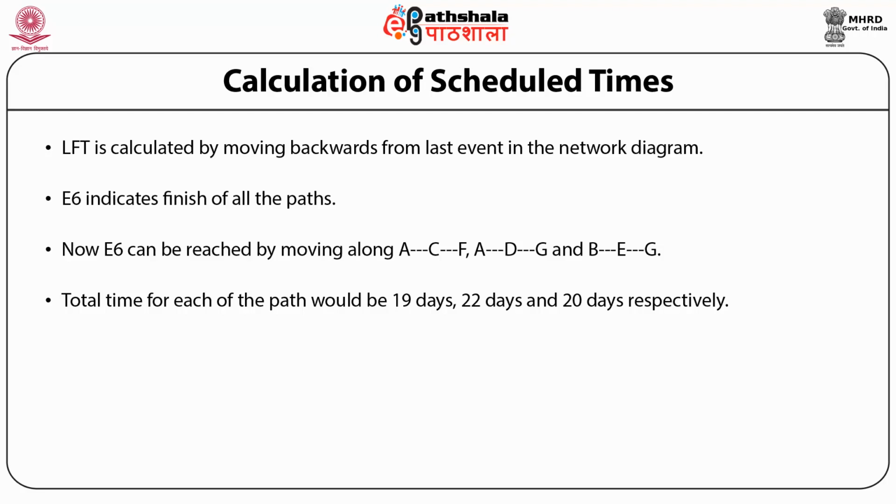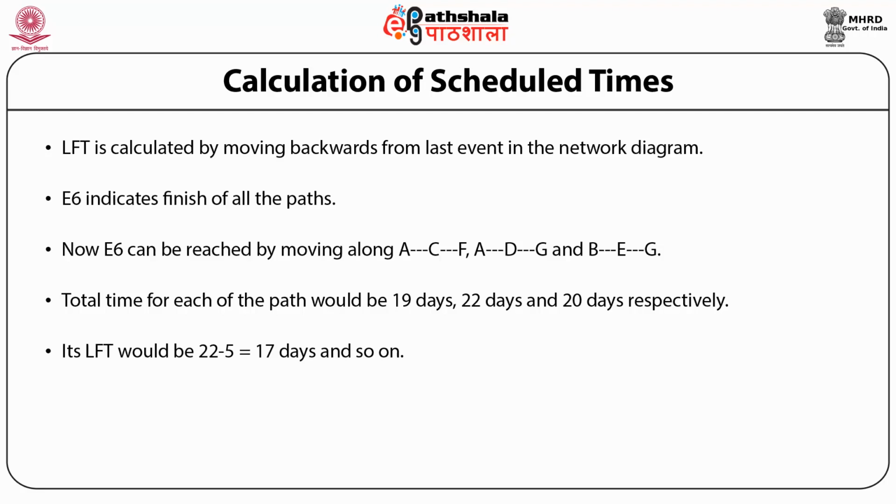As the project cannot be finished till all activities are completed, LFT of E6 would be 22 days. Moving backward, C finishes at E4, its LFT would be 22 minus 5 equal to 17 days and so on.